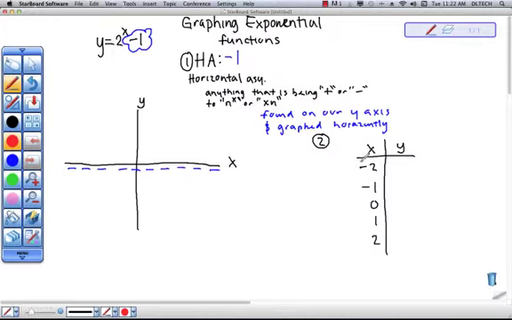We are going to place these x's for the x in the function: 2^-2 minus 1, 2^-1 minus 1, 2^0 minus 1, 2^1 minus 1, 2^2 minus 1.